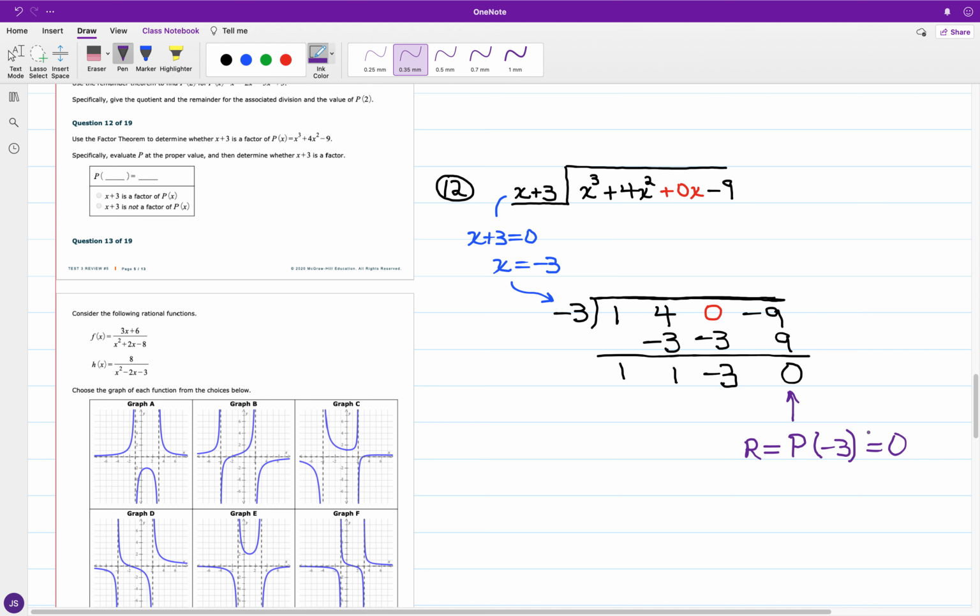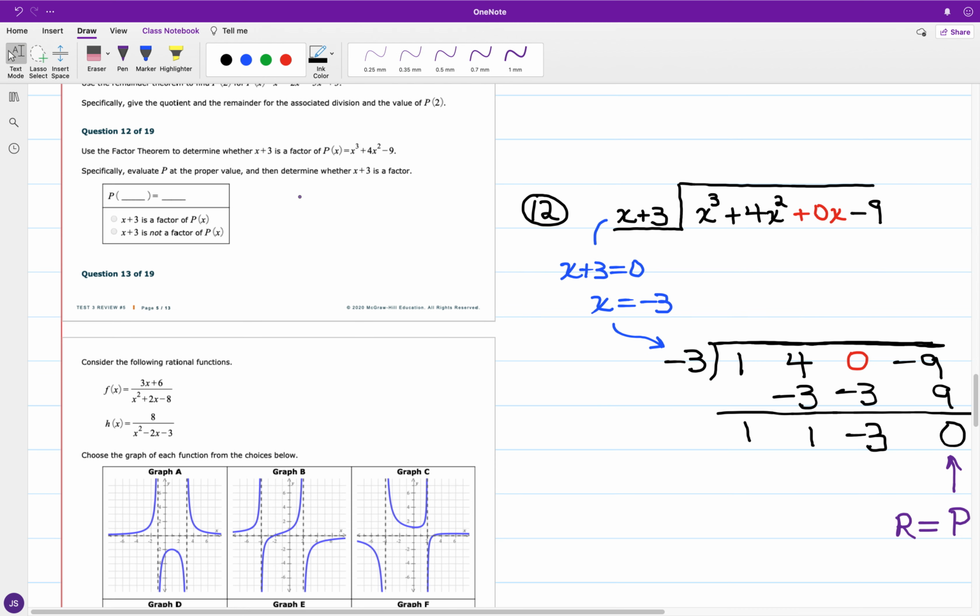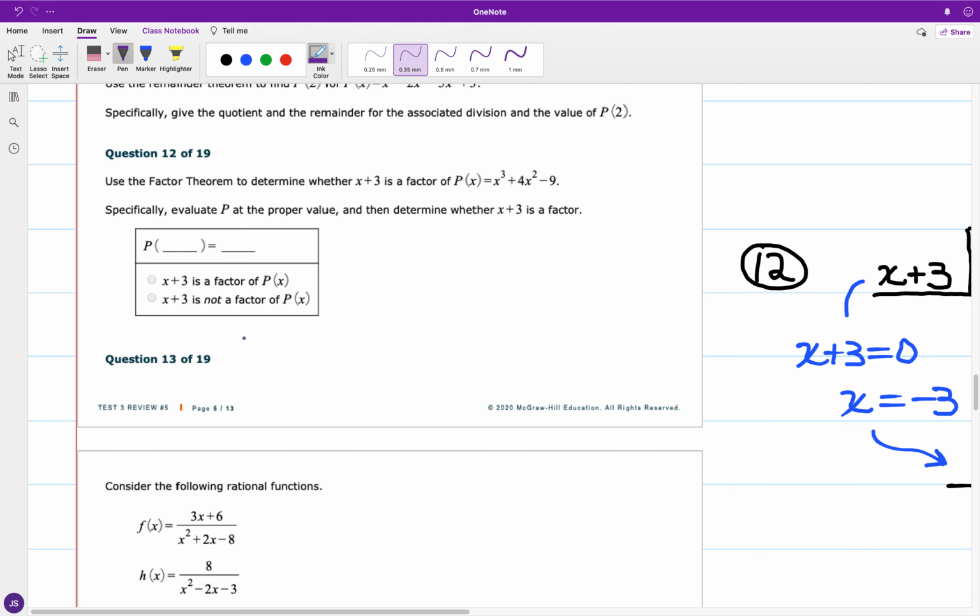So p of negative 3 is equal to 0. If the remainder is 0, then the divisor is a factor. If it happened to be non-zero, then it would not be a factor. But since we have 0, this signals that x plus 3 is indeed a factor.